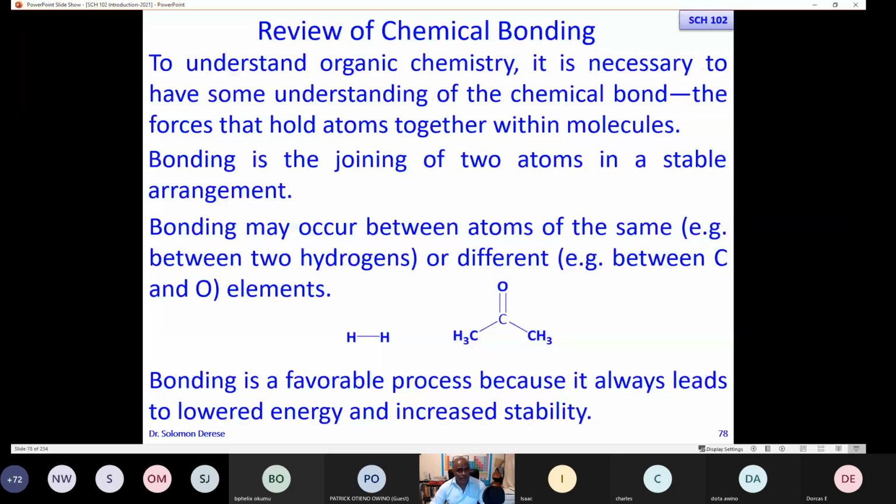The reason why two atoms are going to form a chemical bond with one another is because they want to become stable.